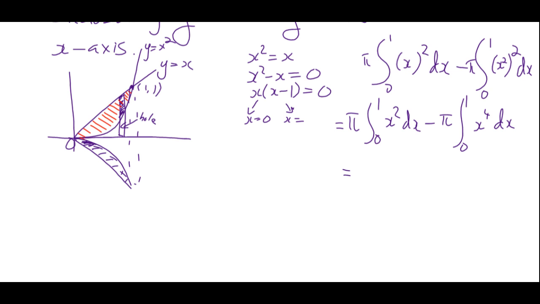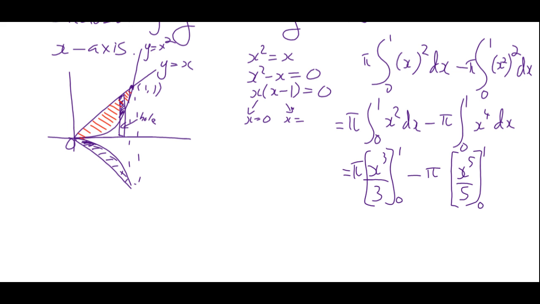So that's equal to, what's the integral of x squared? x cubed over 3, this is the trivial one. So we've got pi times x cubed over 3 from 0 to 1 minus pi times the integral of x to the 4th, which is x to the 5th over 5, from 0 to 1. Okay, so we can work this out.